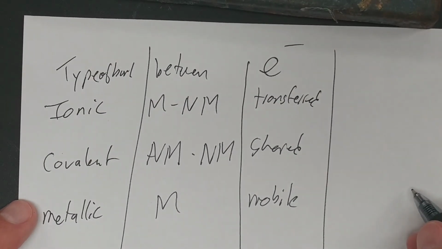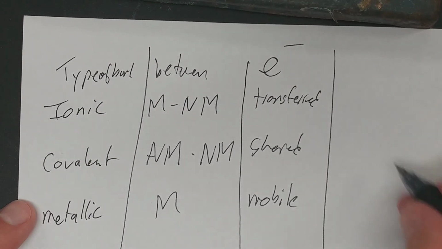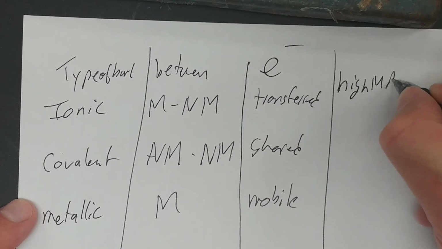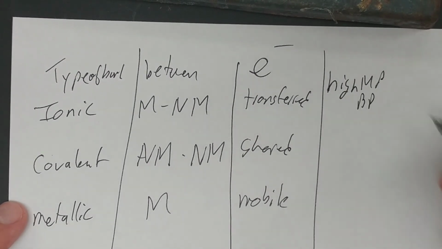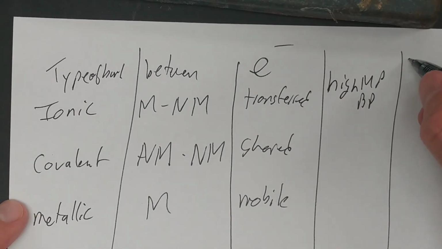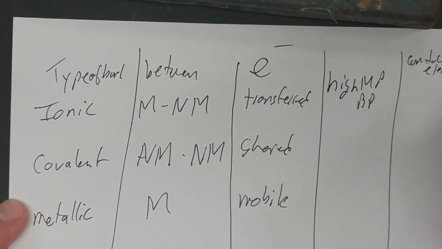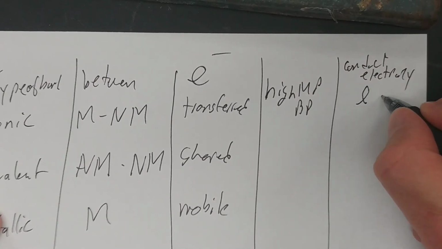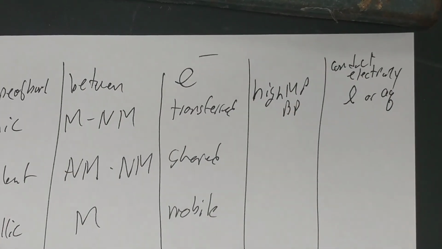Ionic substances, salts, tend to have very high melting and boiling points. They conduct electricity only as a liquid or aqueous, not as a solid.